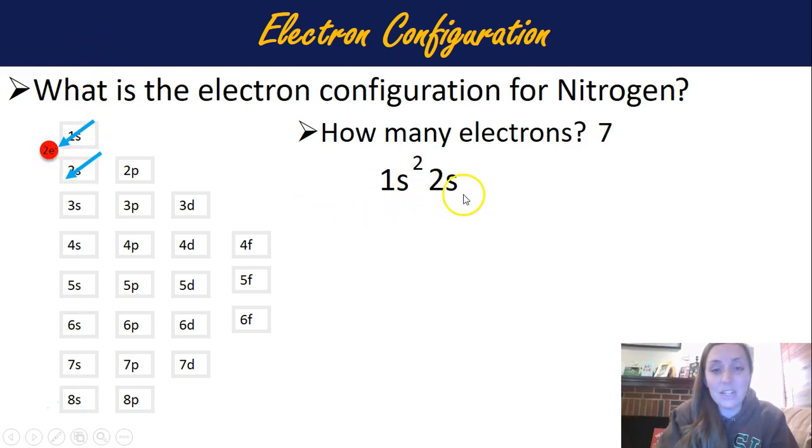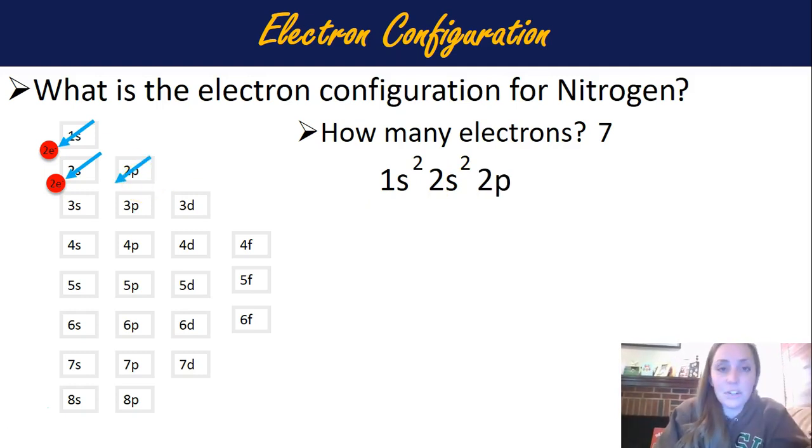That's the second energy level in an S shape. And all s's can always have 2 electrons. So do you have 2 more? Yeah, we have 5 left to place, so I can put 2. So out of my 7, I've placed 2 and 2, which is 4, so I have 3 left. What's the next one? 2p. So you write your 2p. And how many electrons can fit in a p orbital? 6.